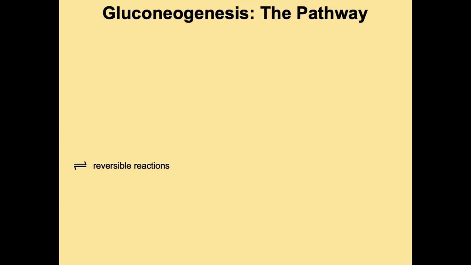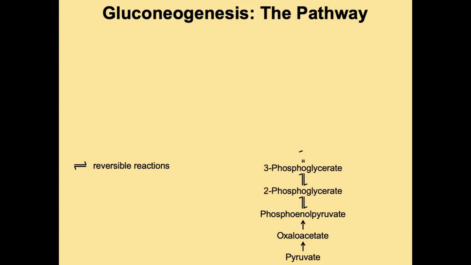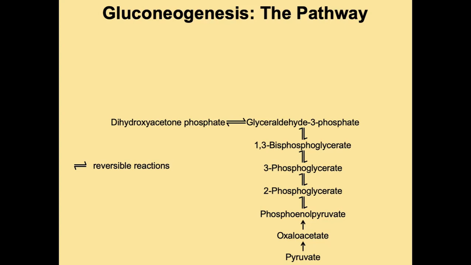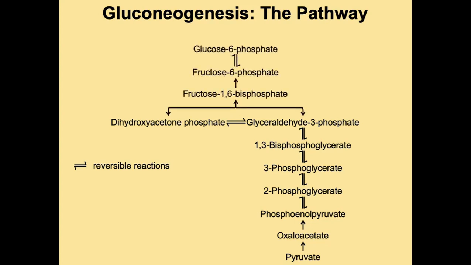So what does the gluconeogenesis pathway look like? Again, we start from bottom to top. We have pyruvate, which goes through more or less the same molecules as glycolysis, eventually ending up with production of glucose.